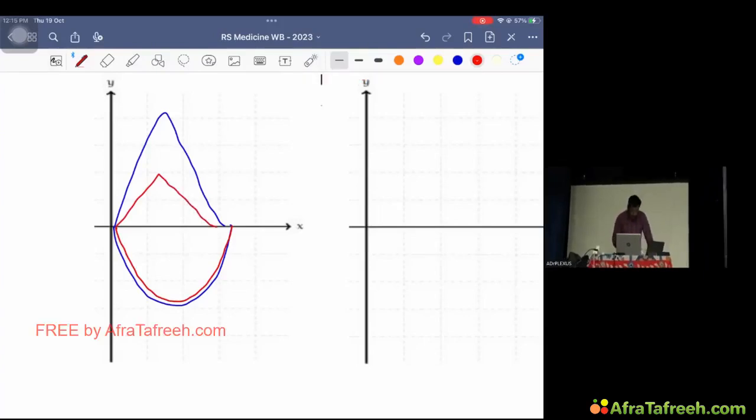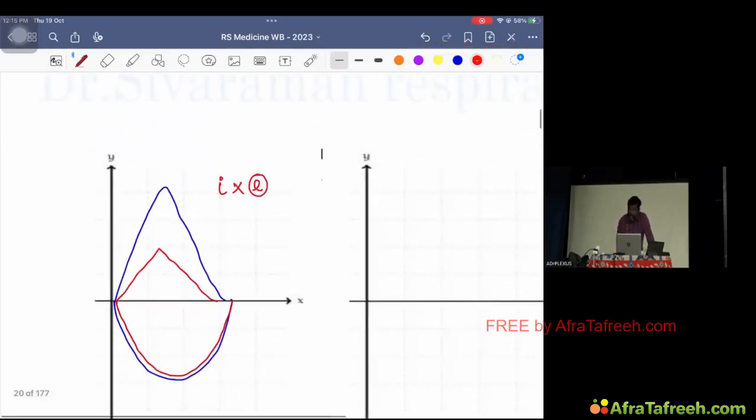So whenever you have an intrathoracic obstruction, the limb which is going to be affected is the expiratory limb. And what kind of obstruction is it? A fixed one or a variable one? Coin can move, right?